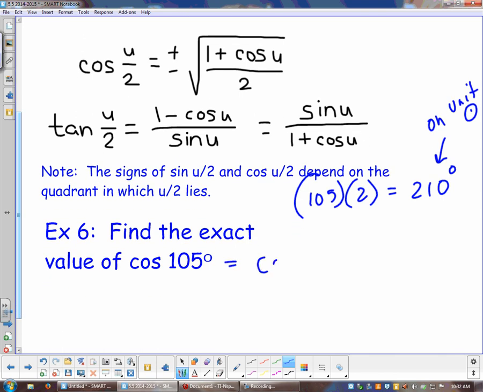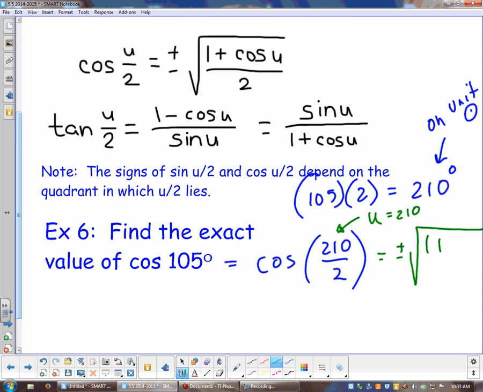So in my formula for cosine, which I have right up here, it is plus or minus square root of 1 plus, what am I going to write? Cosine of 210 over 2. Agreed? So with this in mind, I'm going to have plus or minus square root of 1 plus, where is 210? 210 is right here, about 30 degrees past pi.